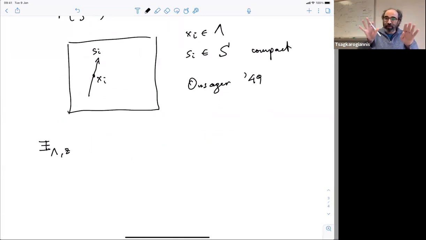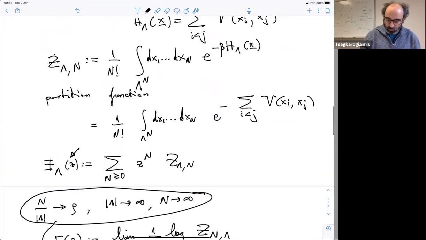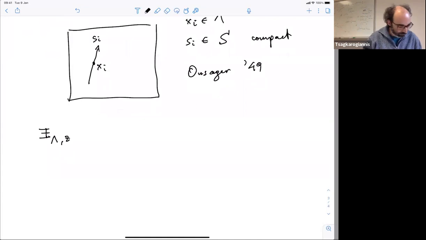But now the fact that I vary the orientation, I need a function. Now, before I had rho, which was the number of particles, and I was controlling that with z. But now rho is a function, so I need a control which is again a function in order to allow me to control the variations of the profile of the density.